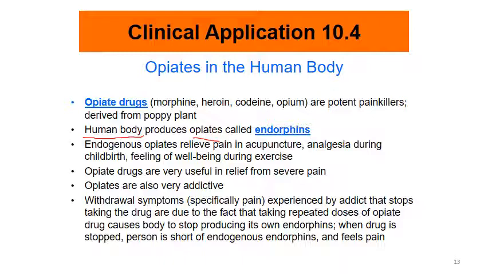But unfortunately, drugs like morphine, heroin, and codeine lead to withdrawal symptoms. The person gets used to the dosage and it's just not enough, so the person starts taking more and more until it can lead to the end of breathing.